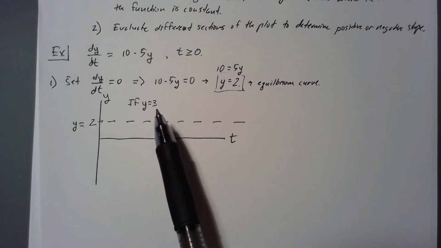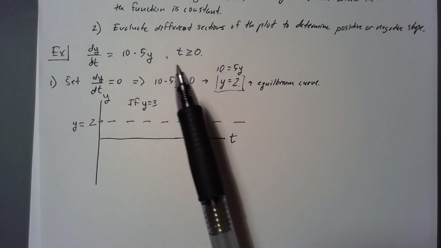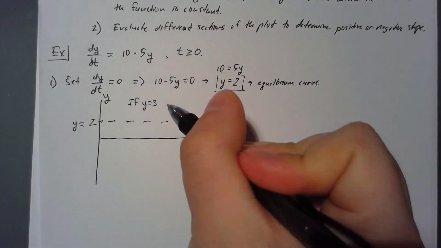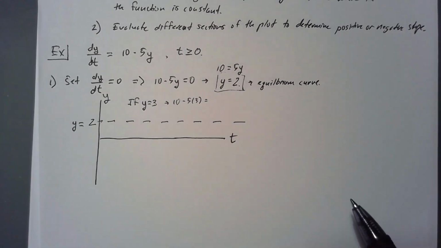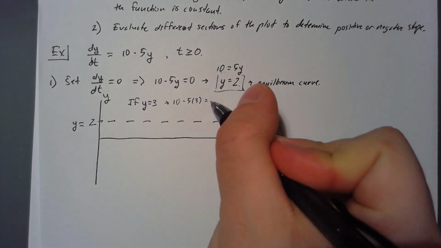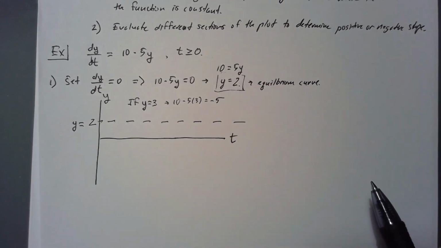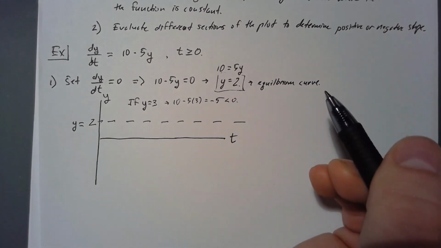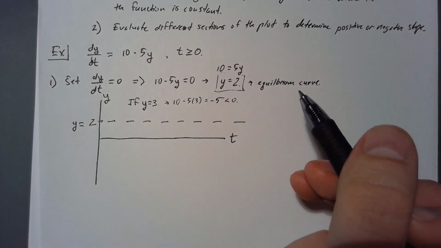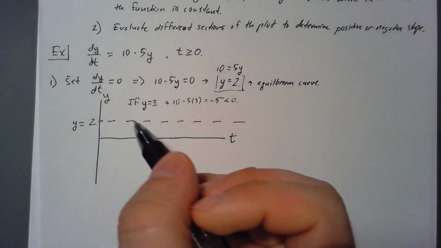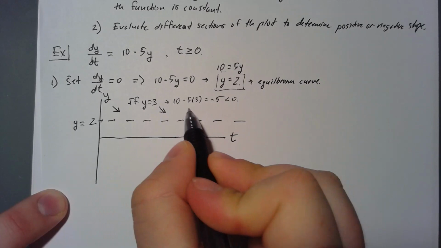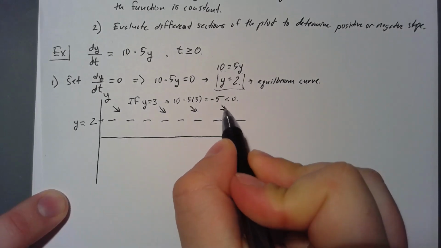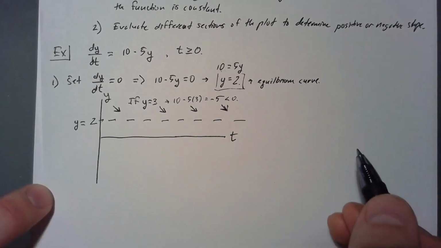That's 10 minus 5 times 3, which is 10 minus 15, which is negative 5. So that's negative. Because it's negative, everything above y equals 2 has a negative slope, so I'm putting arrows here that point down to indicate negative slope.